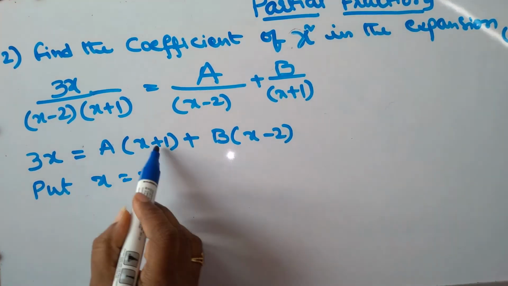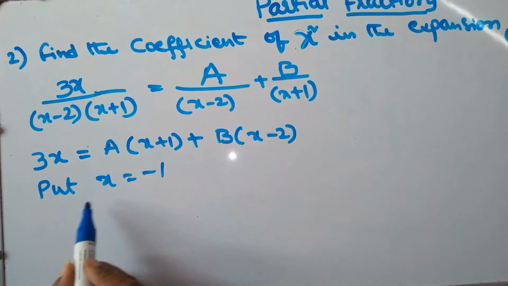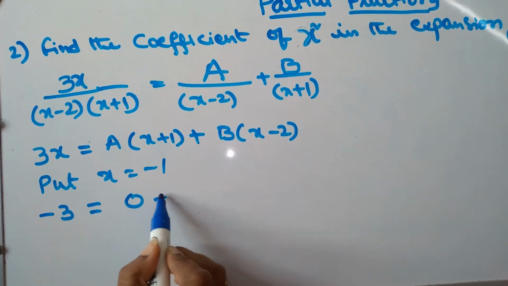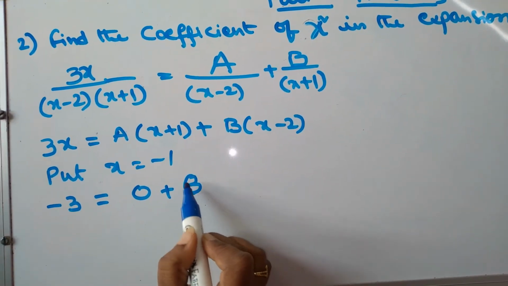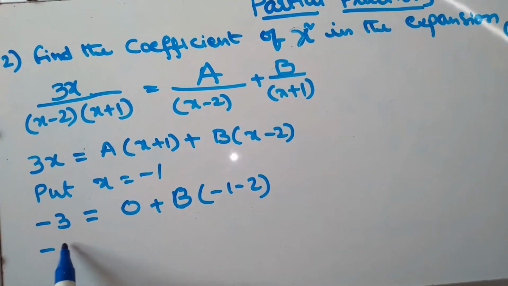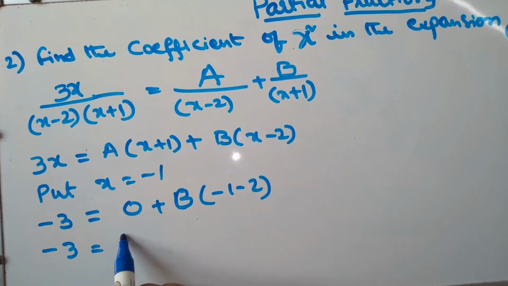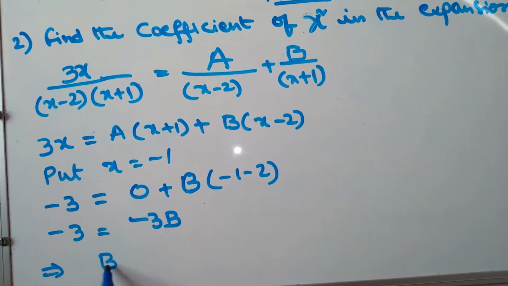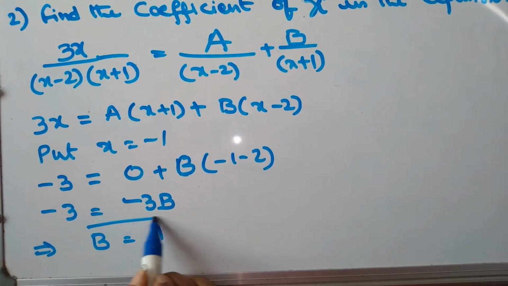Then this part becomes 0. Minus 3 is equal to 0 plus b into (minus 1 minus 2). That is minus 3 is equal to minus 3 into b. That implies b equals to 1.